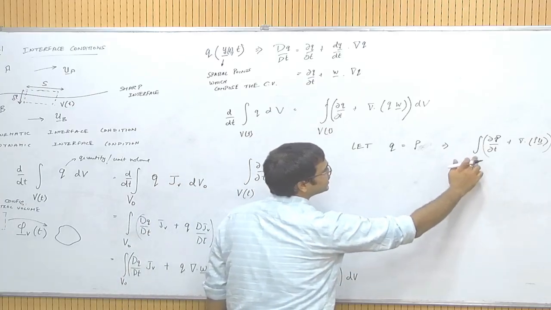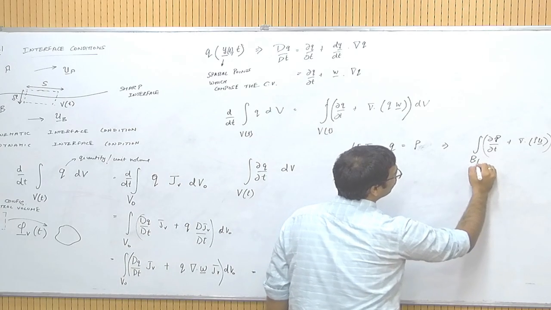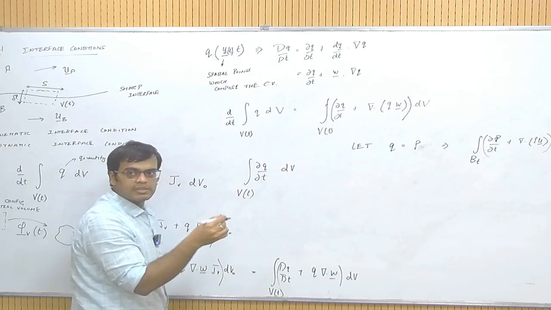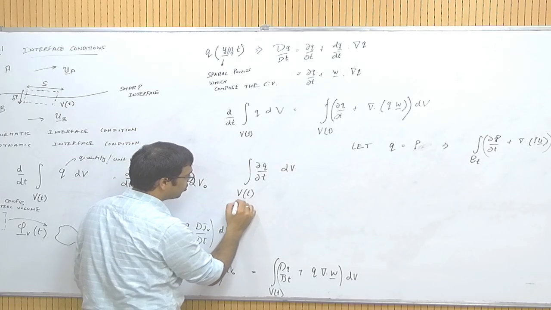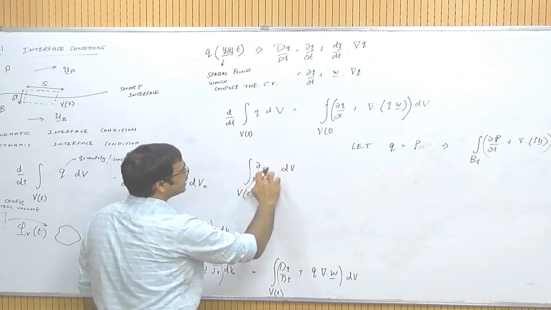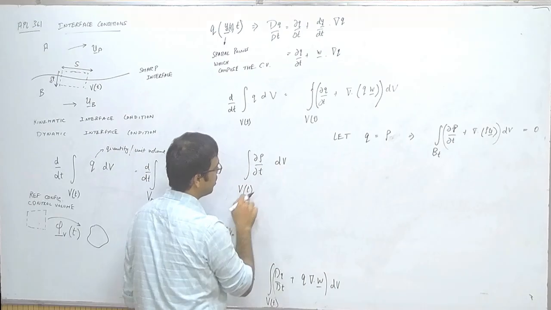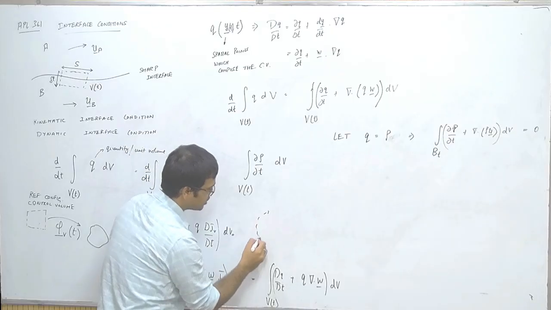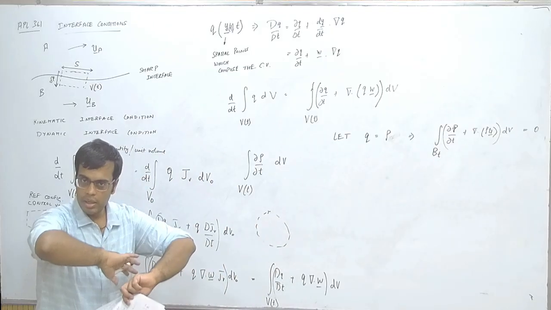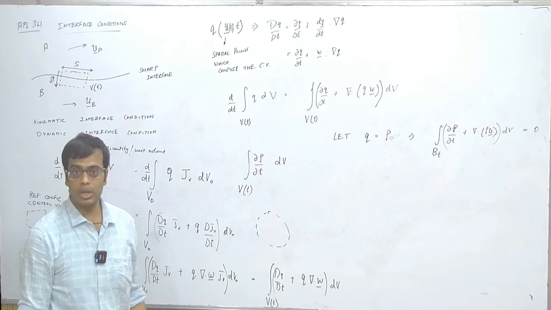But this integration is done over the fluid blob. Now, let us say there is a blob which is inside this control volume. So I am integrating del rho by del t over V of t. If this is your control volume, it does not matter if your blob actually occupies the whole control volume. Why?